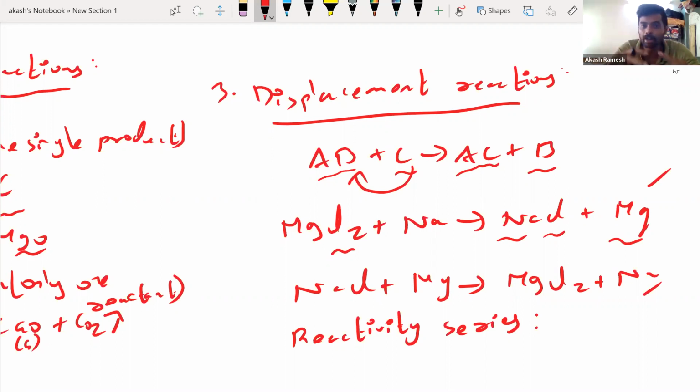Now for now there is no other choice than to mug it up. But when you go to periodic table, which is one of the chapters you have, once you understand the periodic table, there is no mugging up. But till we reach the periodic table chapter, whatever I'm going to give you, you have to remember.